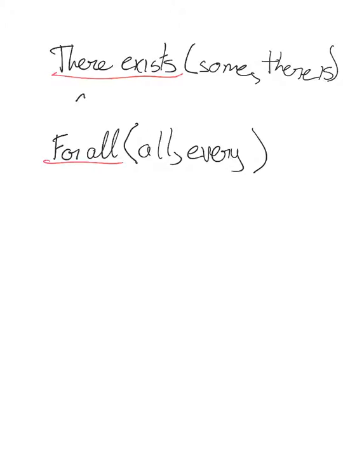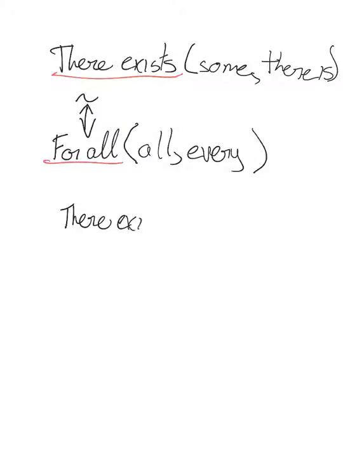And now to negate there exists, so to negate some or there is, basically you want to include everybody in it. So the negation of there exists is for all. And the negation of for all is there exists. So we'll write that out a little bit cleaner.